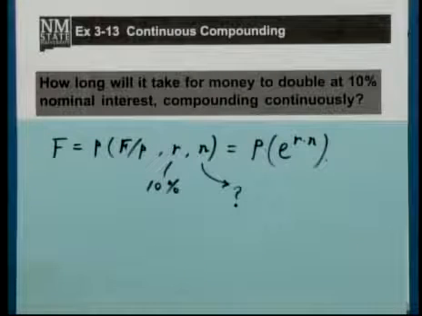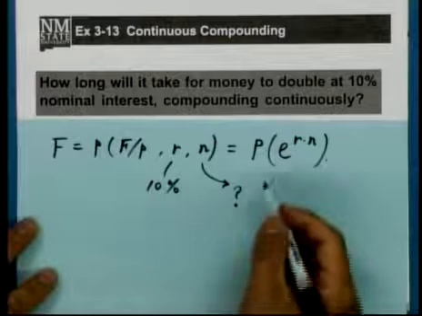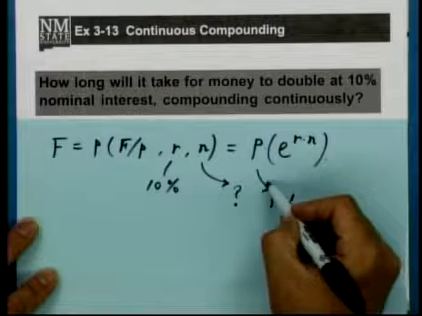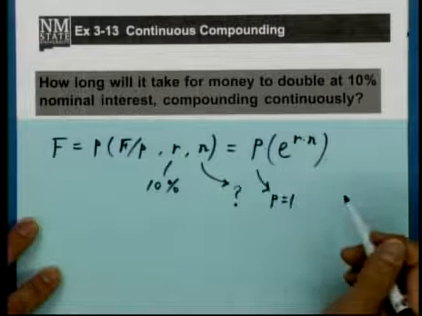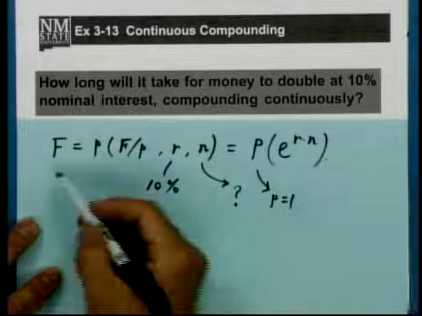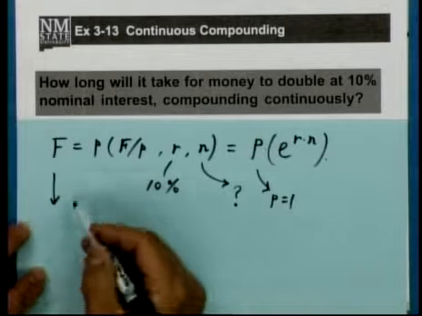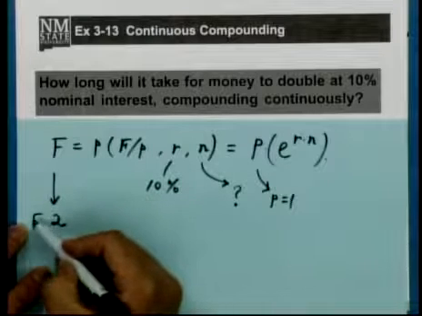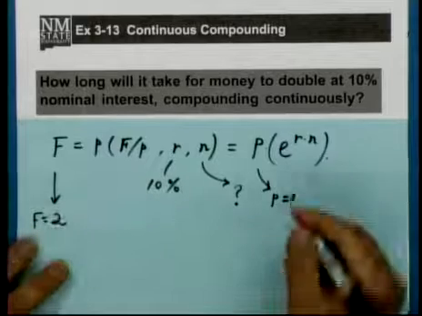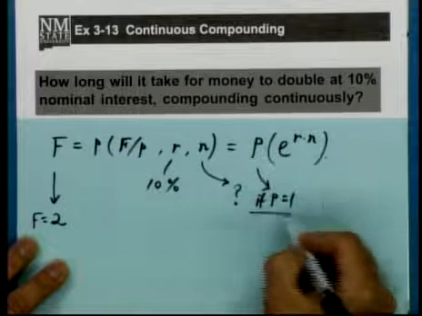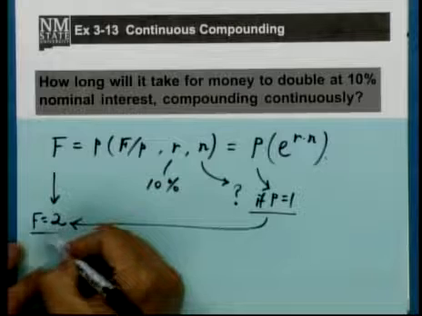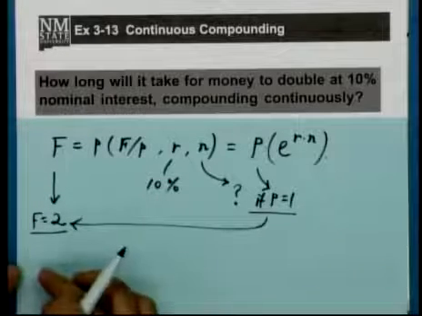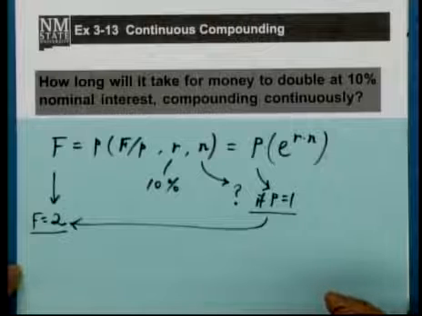But if we set present sum P equals 1, then the future sum F can be set to 2, right? If P equals 1, then F becomes 2, because your money will be doubled, right?